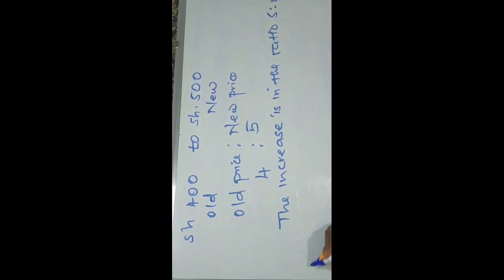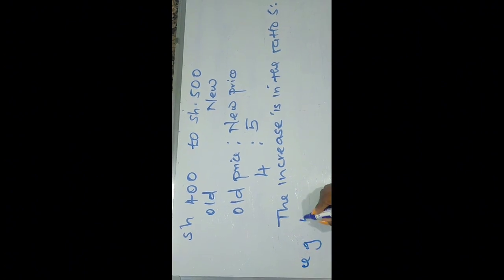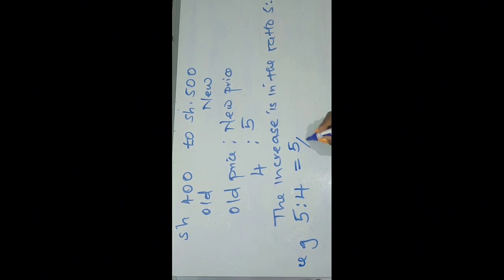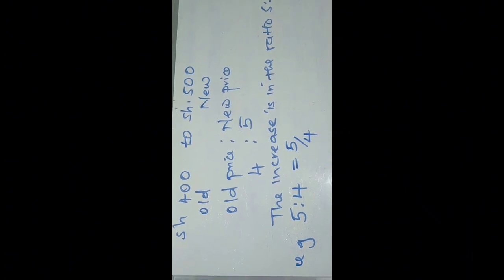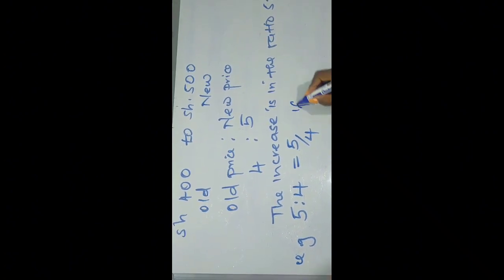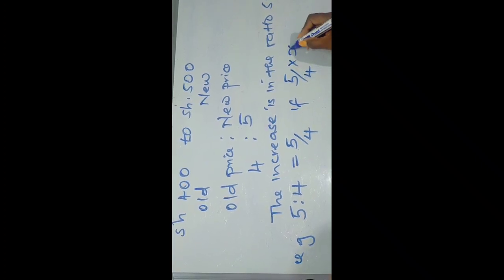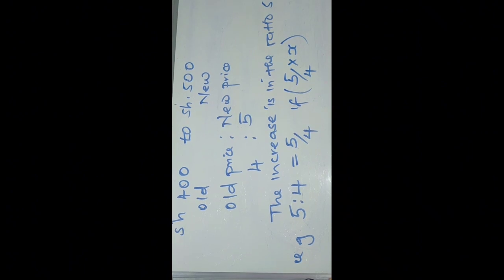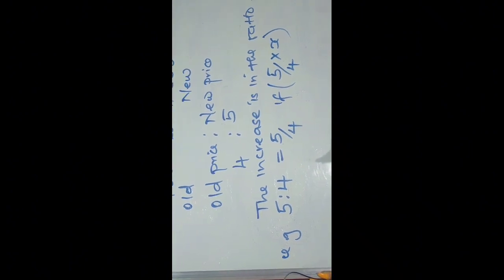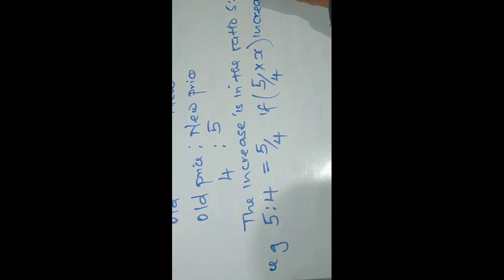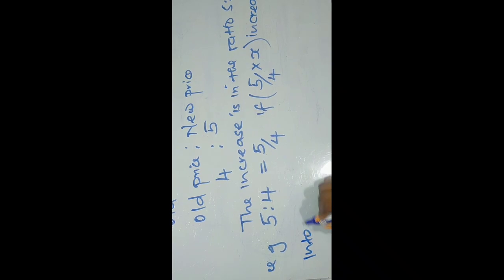For example, the ratio 5:4 can be written as 5/4. If you take 5/4 multiplied by any number x, then the number will increase. The number will increase in the ratio 5:4.